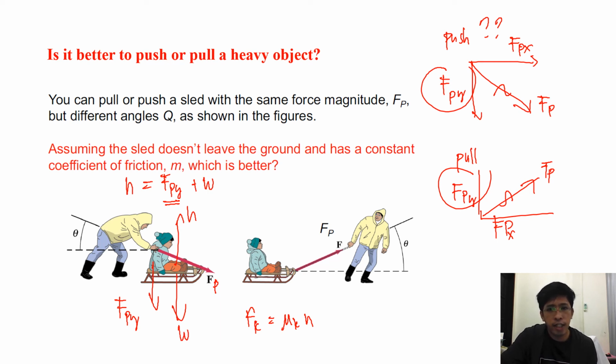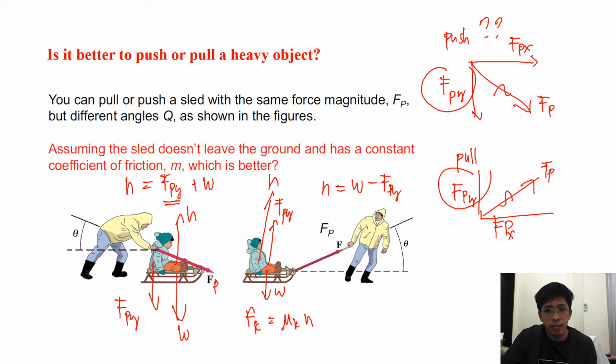If you're going to look at pulling, you have here your weight, you have here your Fpy, and then you have here your normal force. So for this case here, your normal force is equal to your weight minus Fpy. So you are subtracting your Fpy component from your weight.